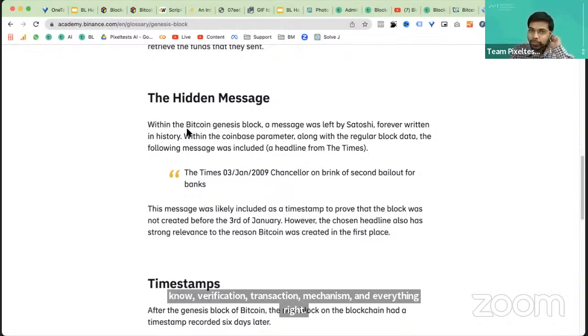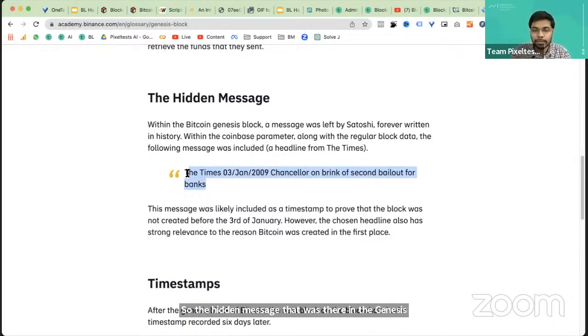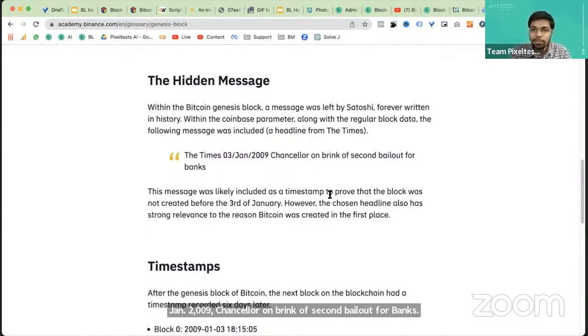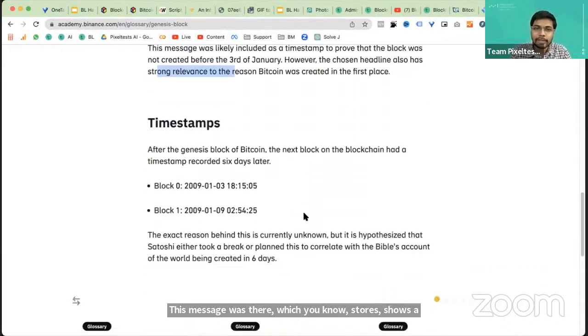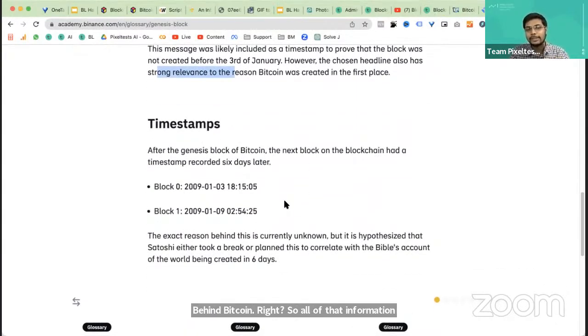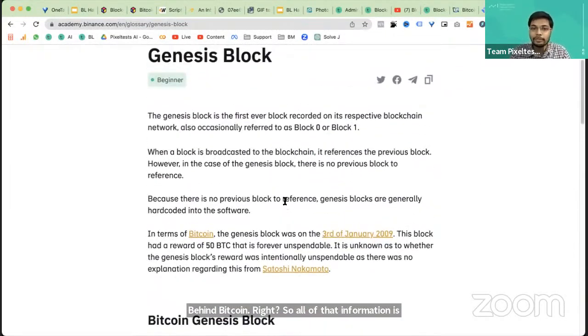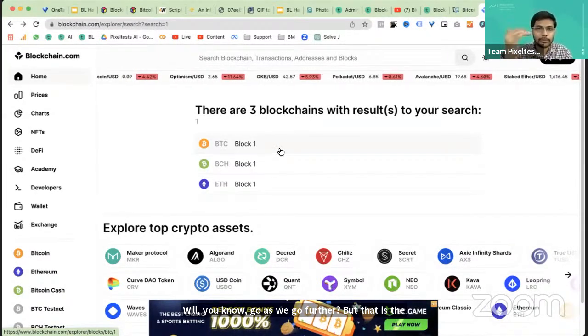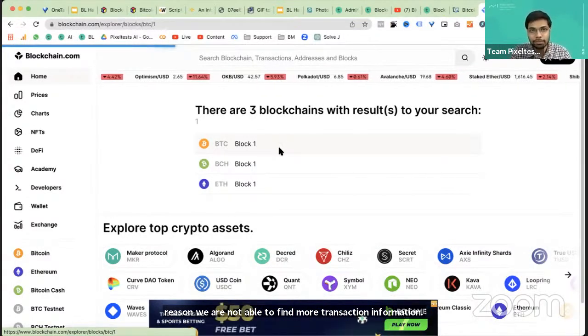The hidden message in the Genesis block, which we all know, and which module 0 or 1 also covers, was: The Times 3rd Jan 2009, Chancellor on brink of second bailout for banks. This message shows the strong relevance to the reason behind Bitcoin, right? More information on this will come as we go further. But that is the reason we are not able to find more transaction information, because most of it was hard coded, as that was the first block, right?